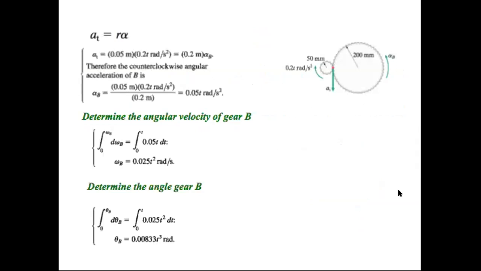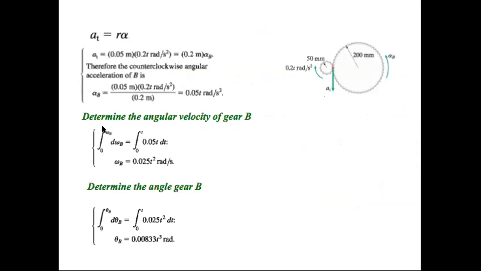First of all, we have to draw the free body diagram. At their point of contact, the gears have the same tangential component of acceleration. The tangential component of acceleration equals the product of the radial distance from the axis of rotation and the angular acceleration. So we find alpha B from this equation.